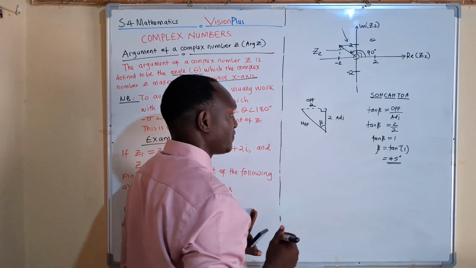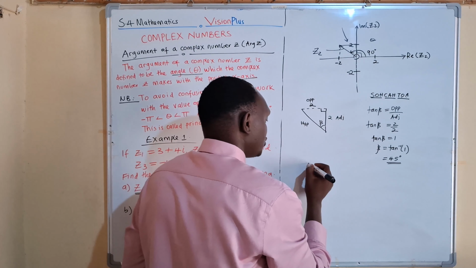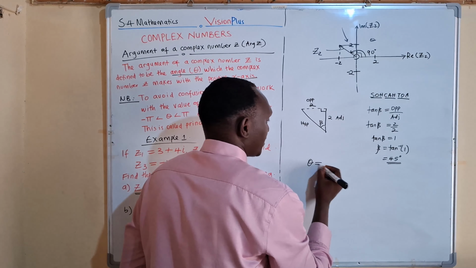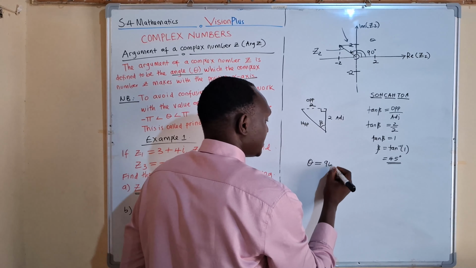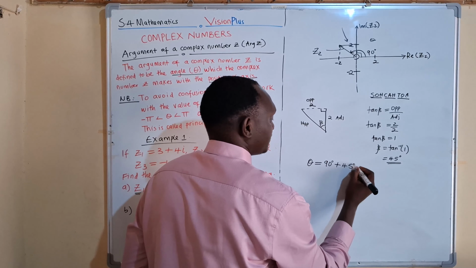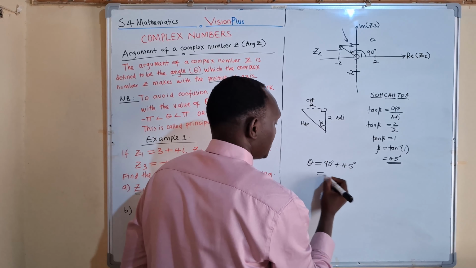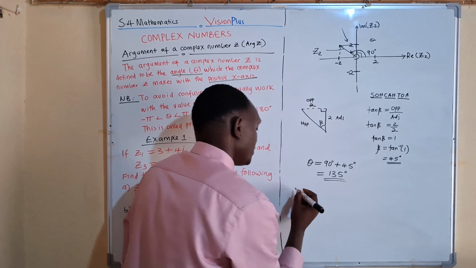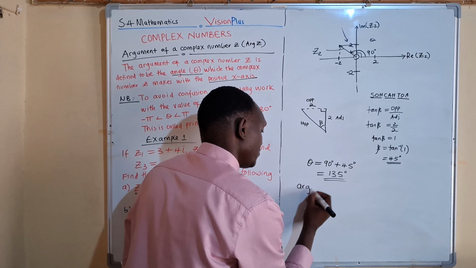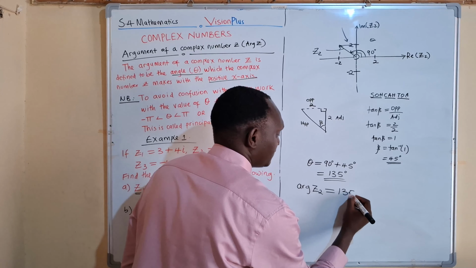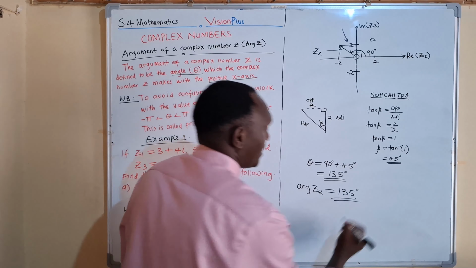So now for us to find the argument theta, it becomes 90 degrees plus 45 degrees. This gives us 135 degrees. So now the argument of Z2 is 135 degrees.